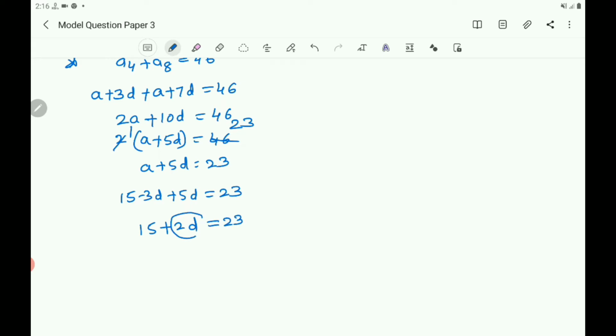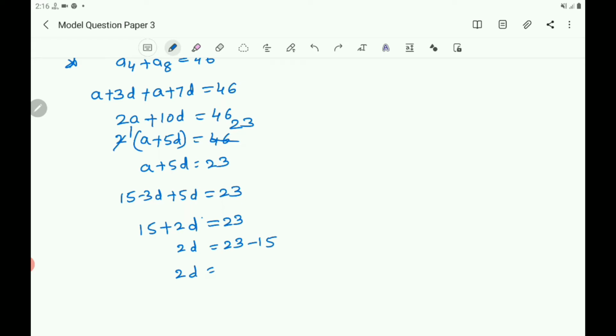Here we have to solve d. To solve d, transfer this 15 to the RHS and you write 2d here, and 2d equals what? 23 minus 15. 15 is transferred to RHS. Next it becomes 2d equals 23 minus 15.